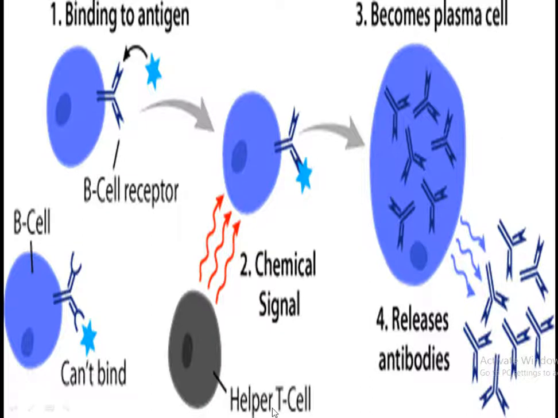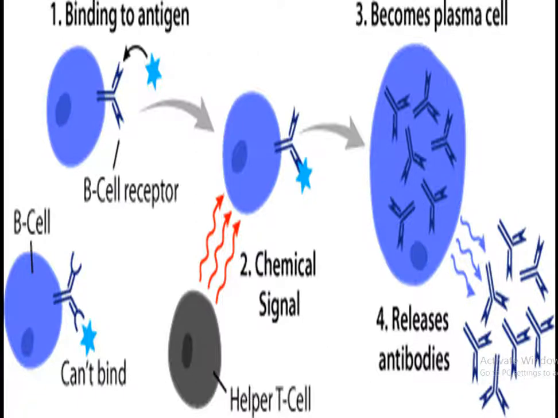Because of the assistance of helper T cells, specific types of B cells release antibodies in much greater number as compared to without their assistance.